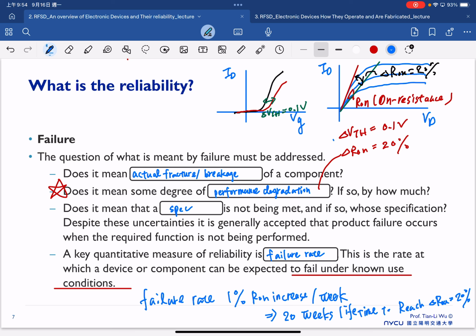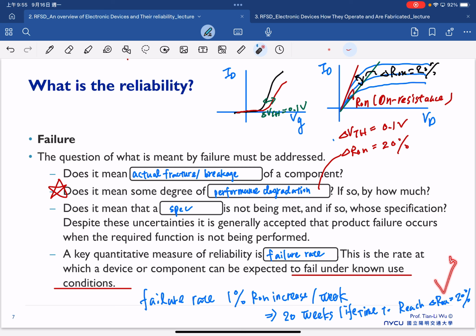After we have the value definition, the next stage is to calculate the failure rate. Once we have a failure rate, we can start to estimate lifetime. So the goal is always to understand how long our device can be used. This is the main target when we talk about reliability.